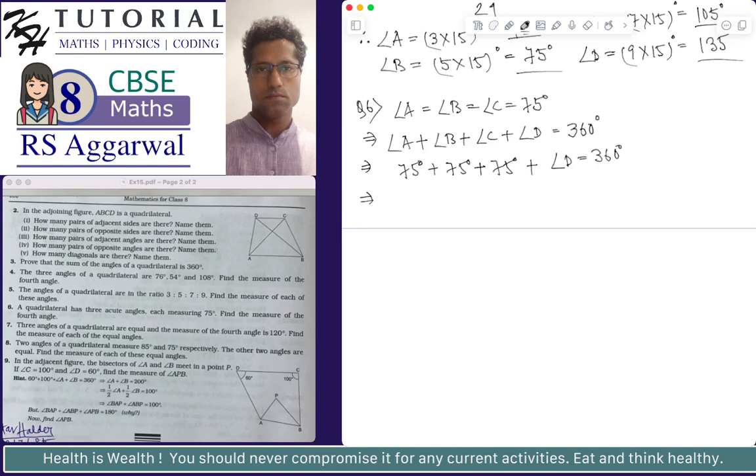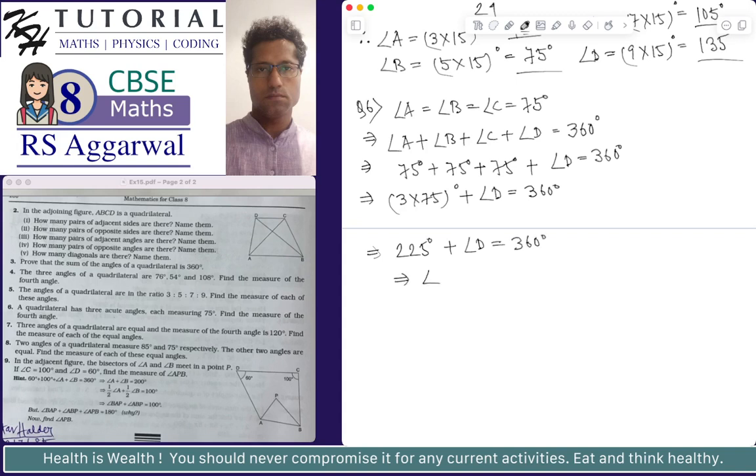Simplifying the left hand side, we have 3 times 75 degrees plus angle D is equal to 360 degrees. 3 into 75 is 225 degrees, plus angle D is equal to 360 degrees.